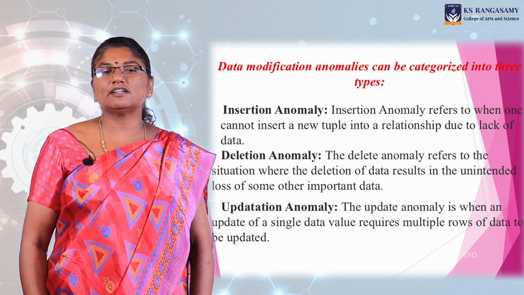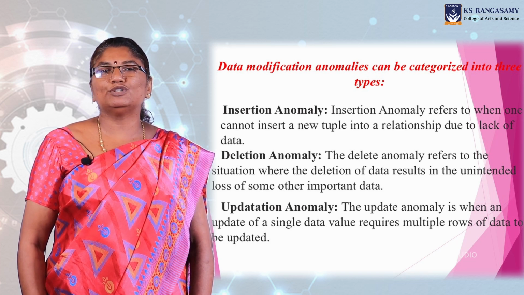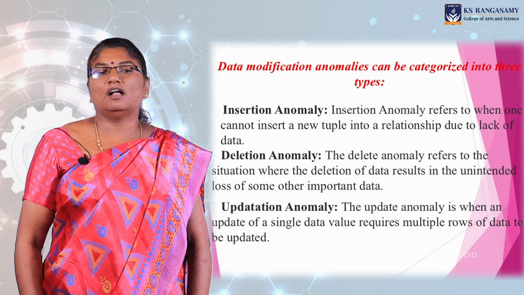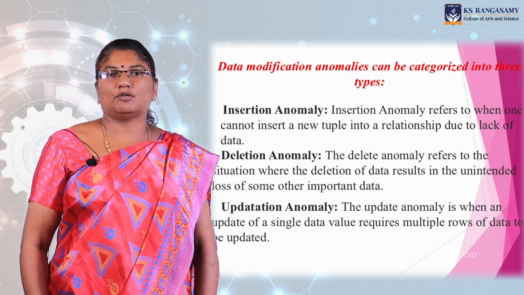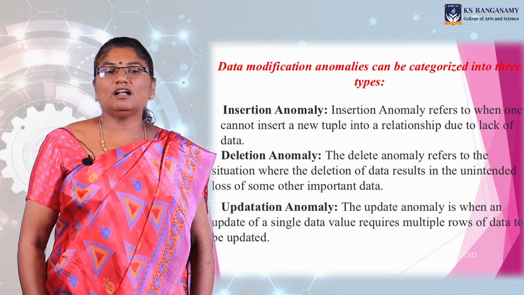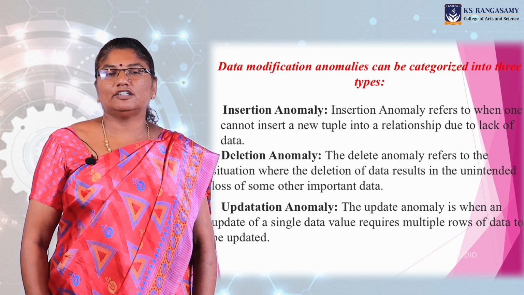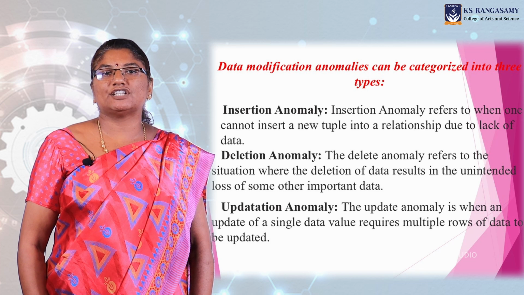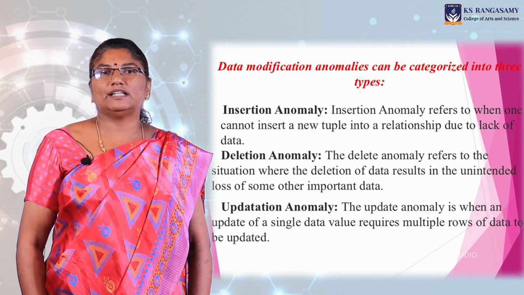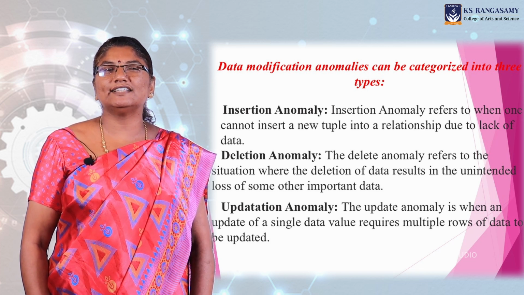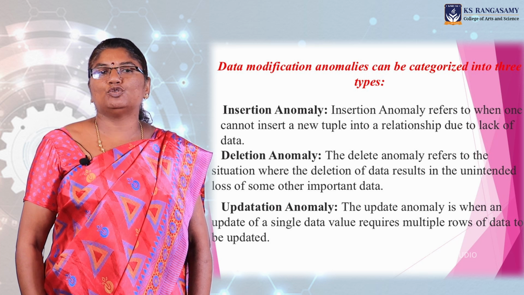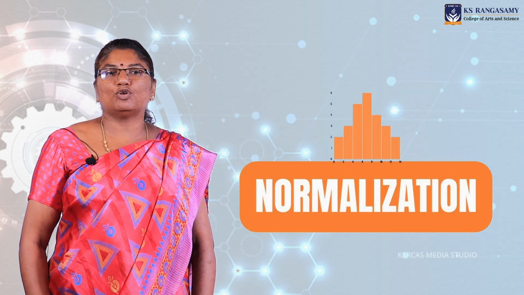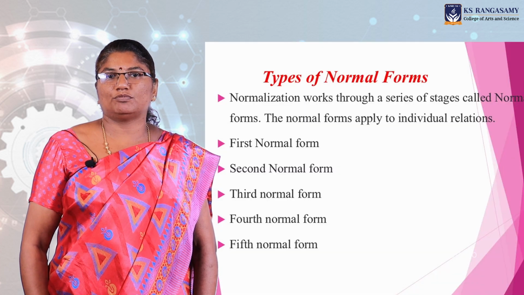In an insertion anomaly, you have to insert one tuple in a relation. Next is a deletion anomaly: when you delete a tuple, you may lose data. Next is an updation anomaly. In this anomaly you have to update a single value of data, or you can update multiple values of data.